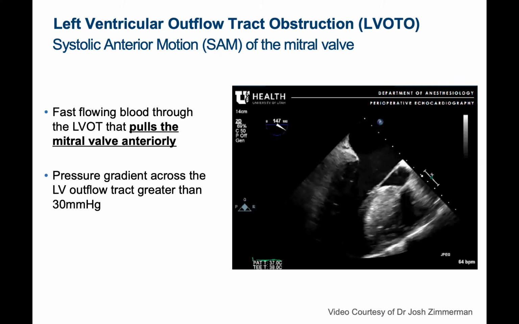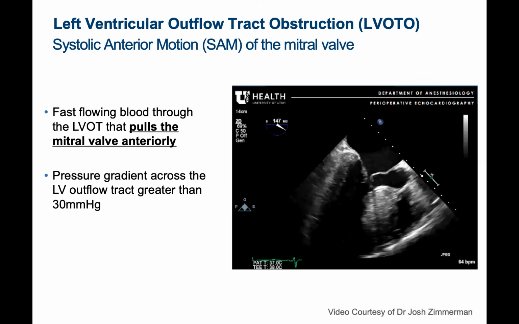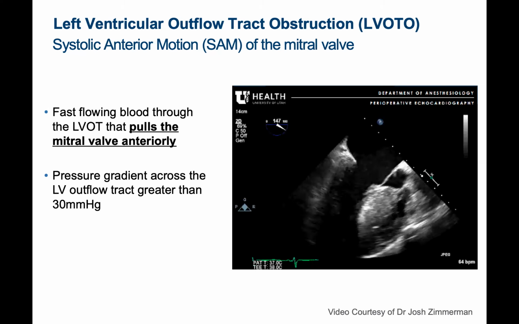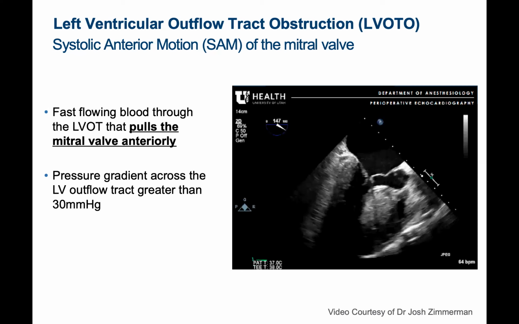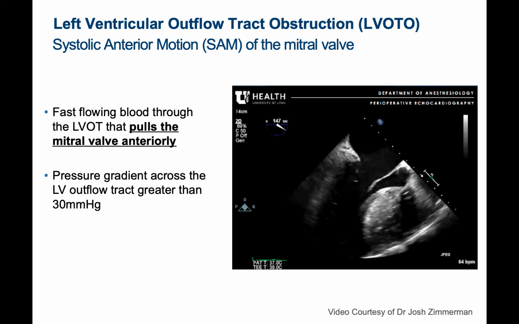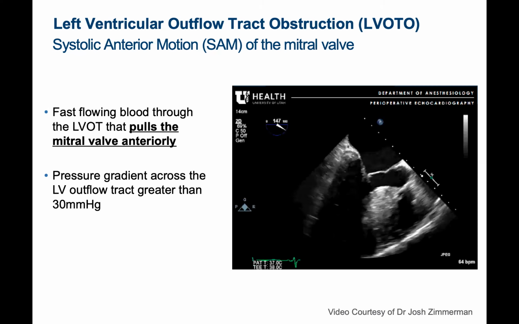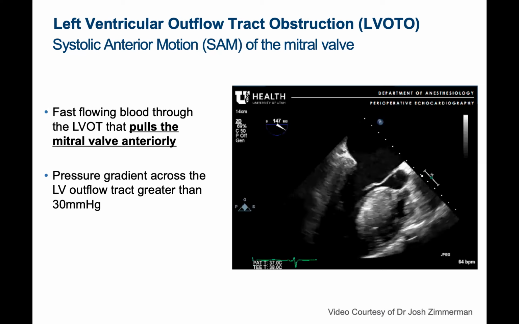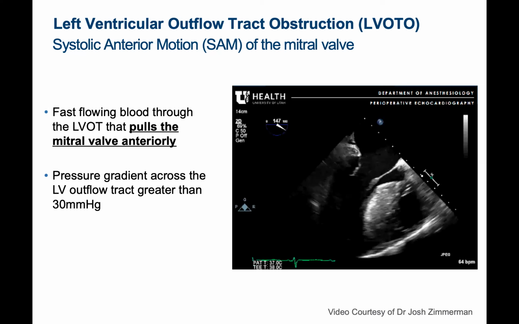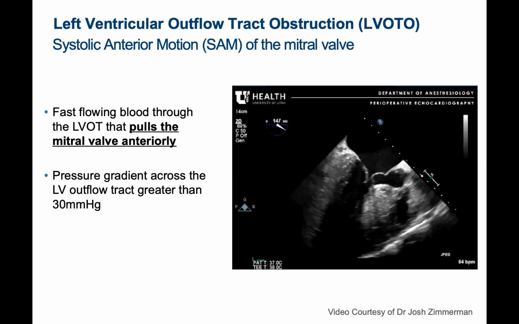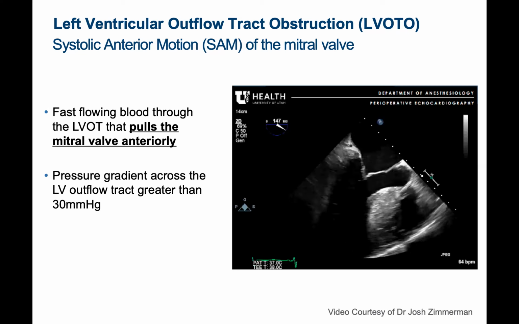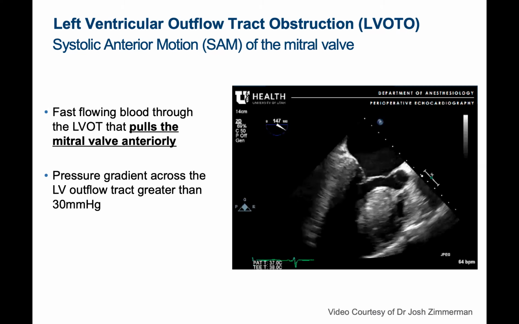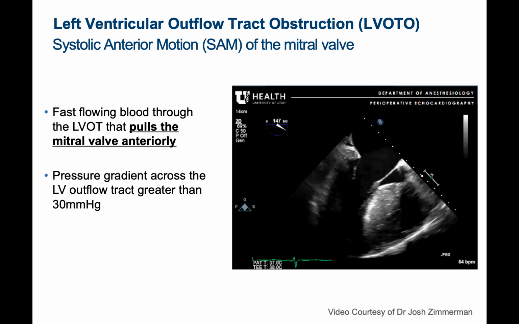And how this often happens is sometimes it's just any sort of structural change in the heart makes that LVOT smaller. And so we talked about when an area is smaller, the blood is going to flow through it quicker. And so what happens is you have hypertrophy, whether it's HOCM or just general LV hypertrophy. You have hypertrophy of the left ventricle.